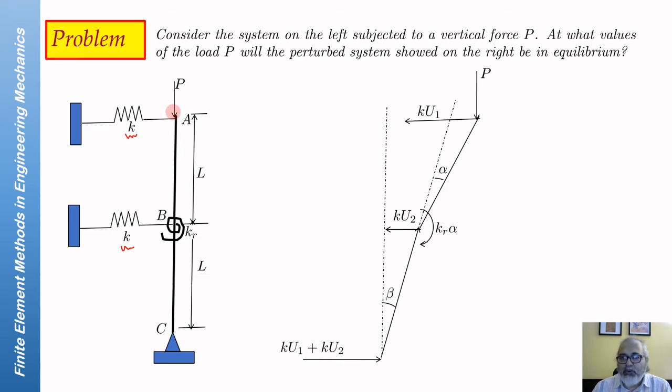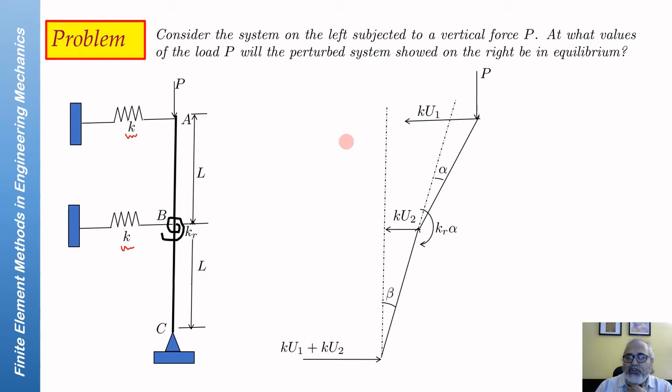It is going to deviate from its vertical solution. Obviously, when you apply P, this point can go vertically downwards, but what is the value of P where a sideways shifted solution would also be a solution to this problem? That's the question that I'm asking here. At what values of P is this structure going to undergo buckling?